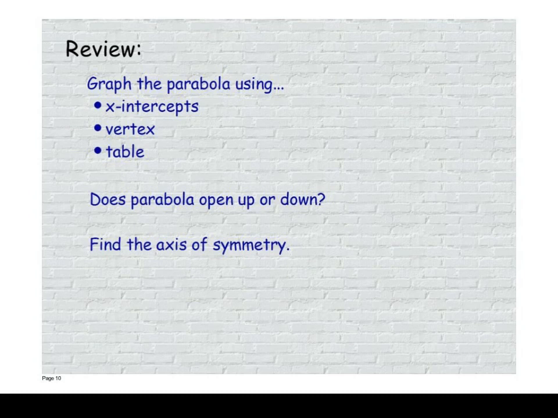And then we can plot our 2 x-intercepts and our vertex into the table, pick another point further away from our vertex or our axis of symmetry, and then we can use our leading coefficient to tell us whether our parabola is going to open up or open down. The axis of symmetry is going to be the line that divides our parabola down its center.